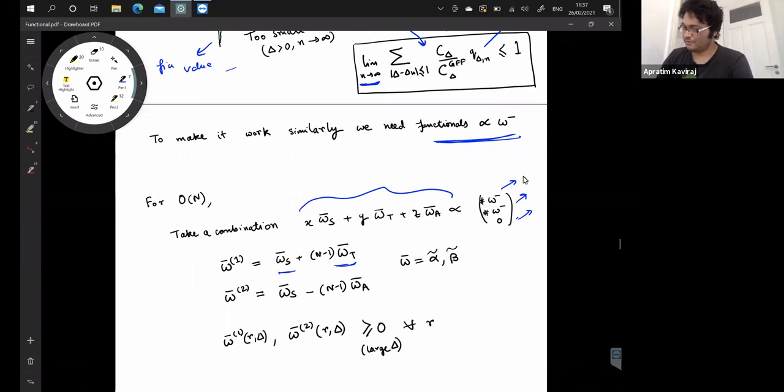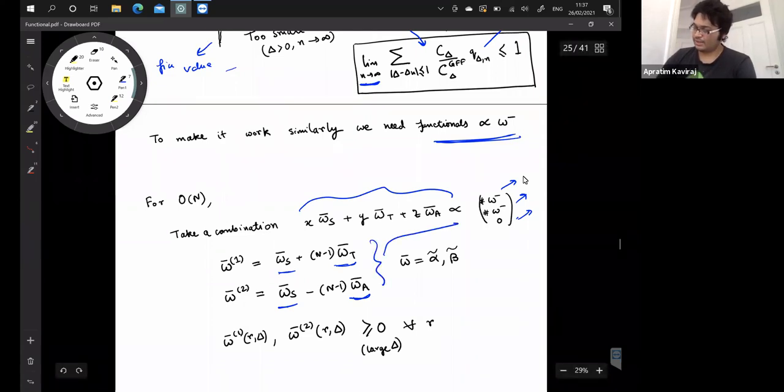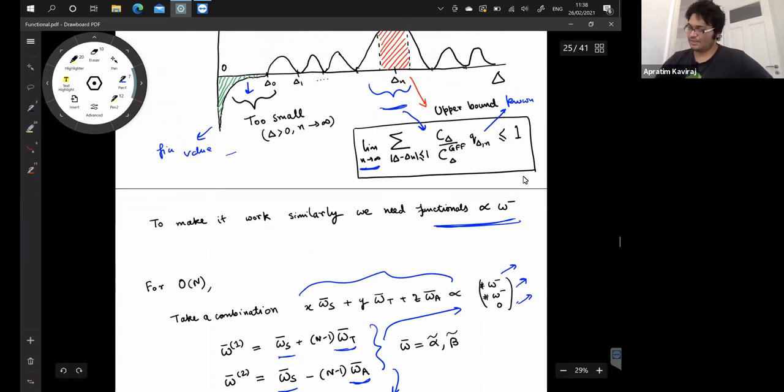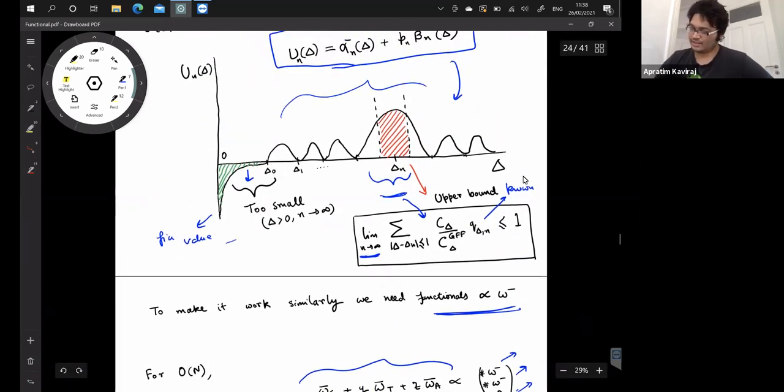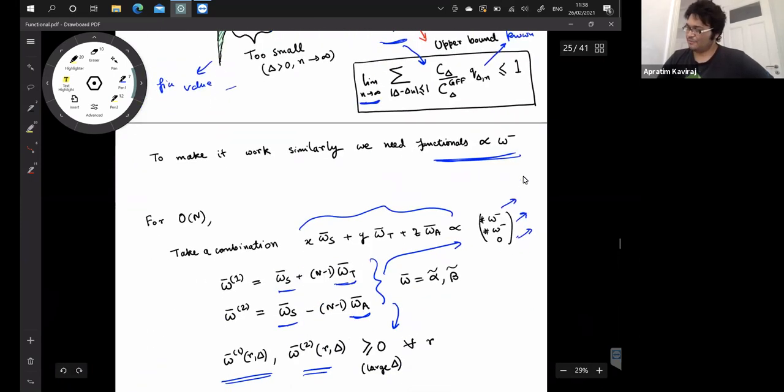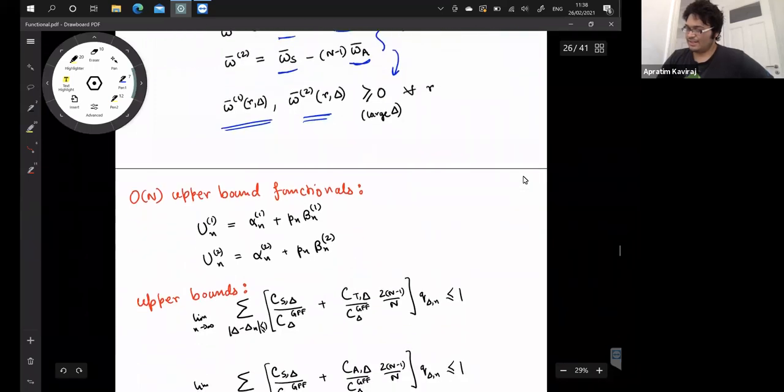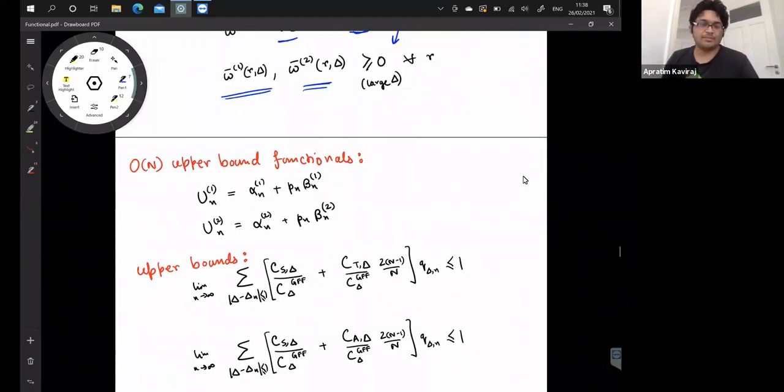And also one can take a certain combination of omega s and omega a, both of which give this form. And these two also have the nice property that their actions on the respective channels are always positive. This is also important. So they are proportional to omega minus, and their action looks like these plots. Once you have this, you can build similar upper bound functionals.